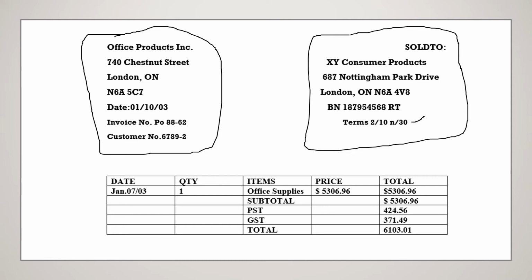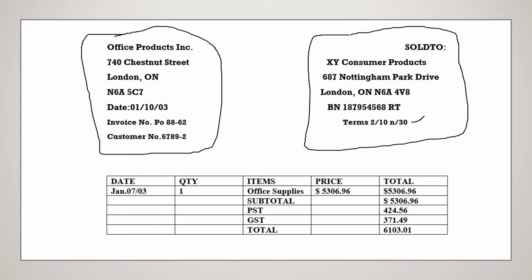So here we have 2/10, N/30. So if your company decides to pay that invoice within 10 days, they will get 2% off the invoice price. But if they decide that they will pay it in 30 days, then they will pay the full amount of invoice.